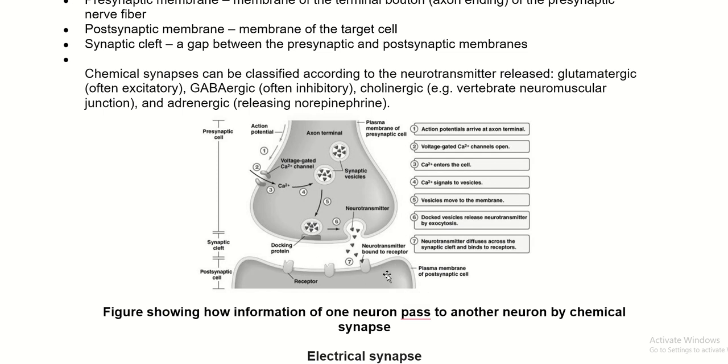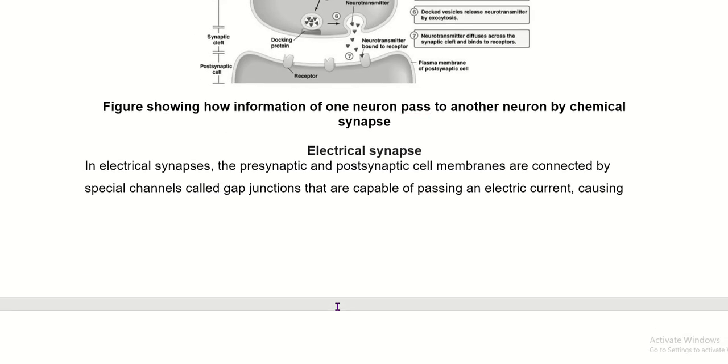When the thickness of the postsynaptic membrane is more than the presynaptic membrane, this type of synapse is known as the excitatory synapse. Here, the action potential is passed from one neuron to another neuron.